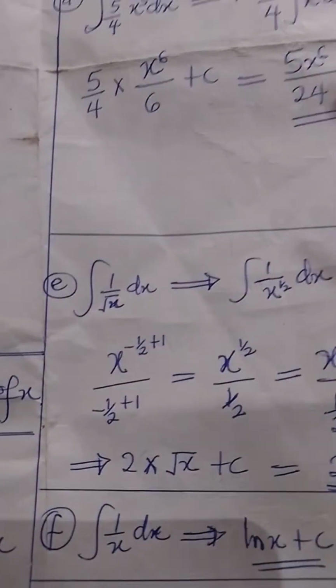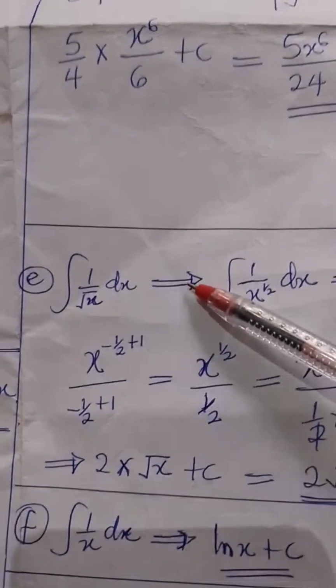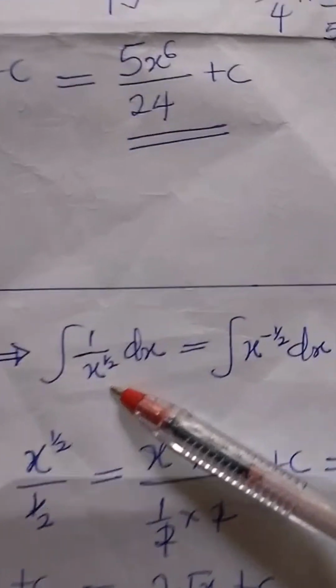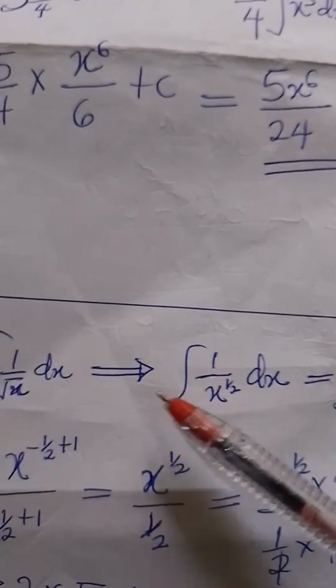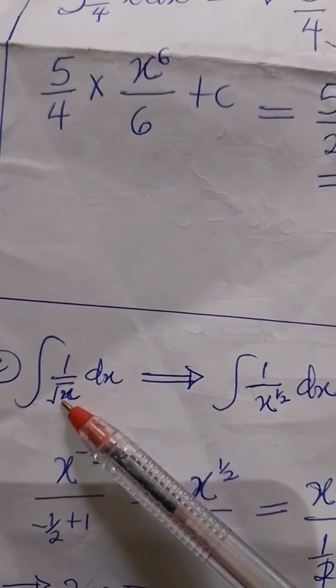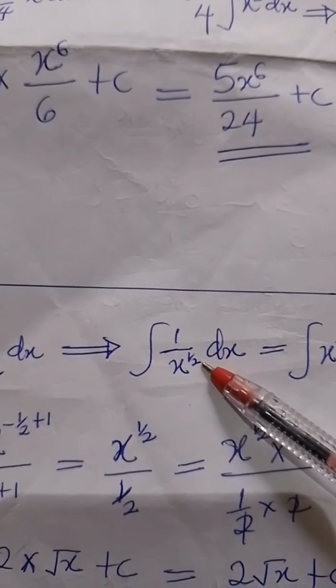Let's see another one. You have the integral of 1 all over root x dx. So I can interpret it to be what? This particular root can be changed to raised to power half, the same thing.